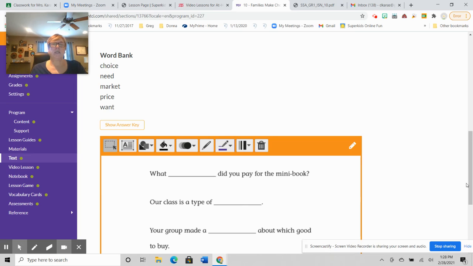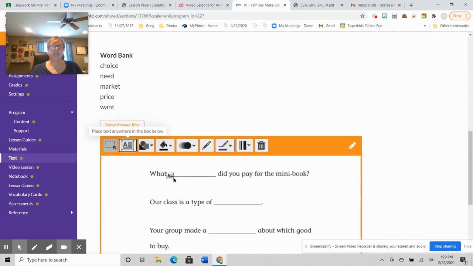Now, one of the things that I like to say is try each part of the word bank in your sentence to see if it makes sense and sounds right. What choice did you pay for the mini book? What need did you pay for the mini book? What market did you pay for the mini book? What price did you pay for the mini book? That sounds more like it, but let's just try our last one. What want did you pay for the mini book?